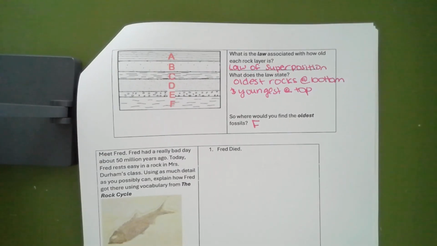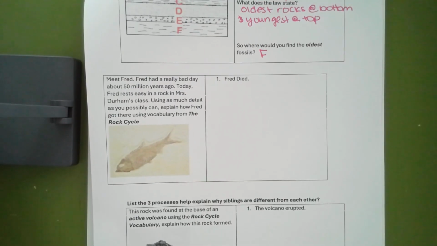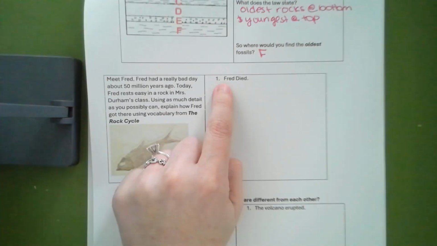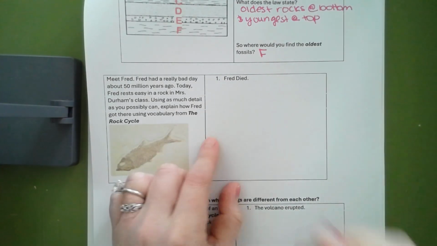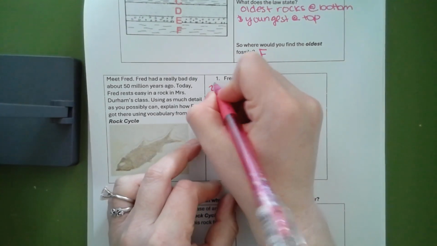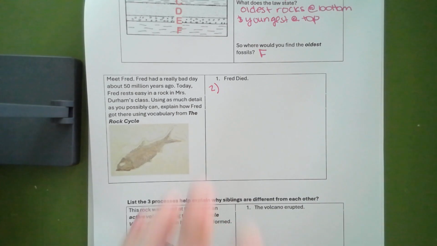Okay, meet Fred. Fred had a really bad day about 50 million years ago. Today, Fred rests easy in a rock in Miss Durham's class. Using as much detail as you possibly can, explain how Fred got there using the vocabulary from the rock cycle. First of all, Fred died. Then what? And then his body was floating through the ocean.